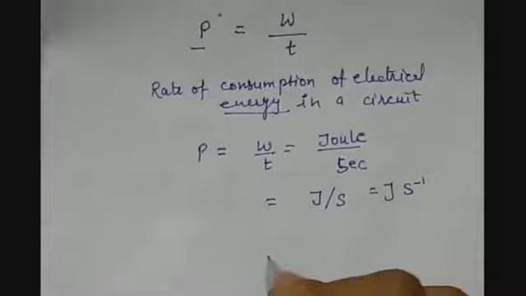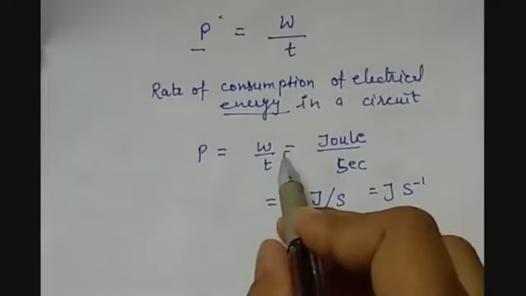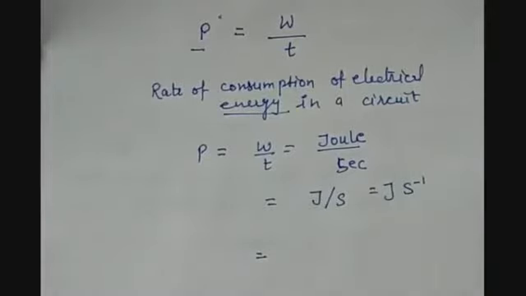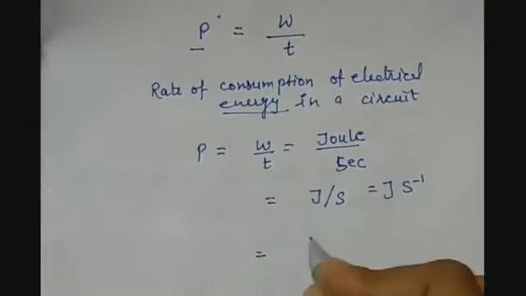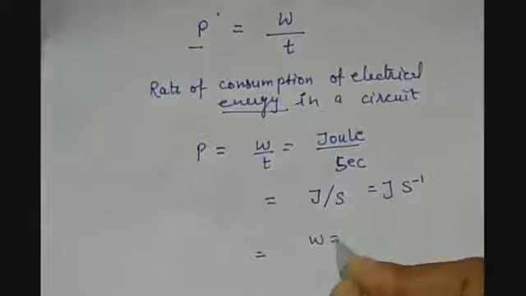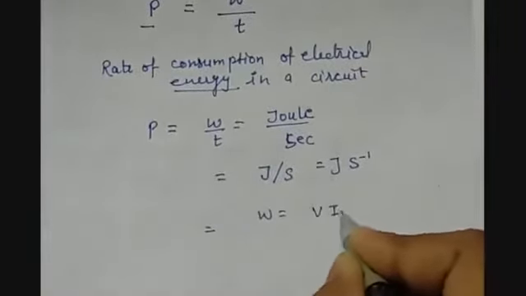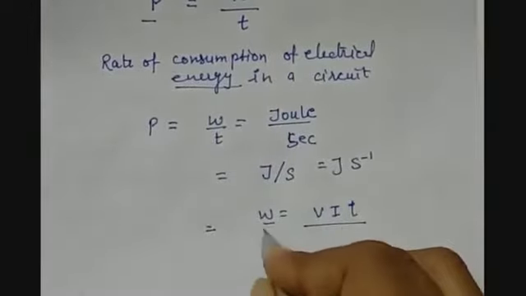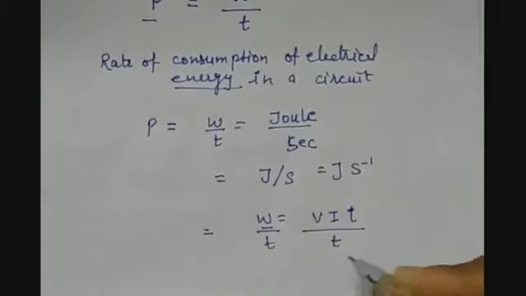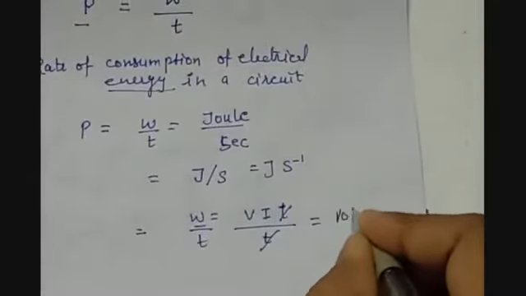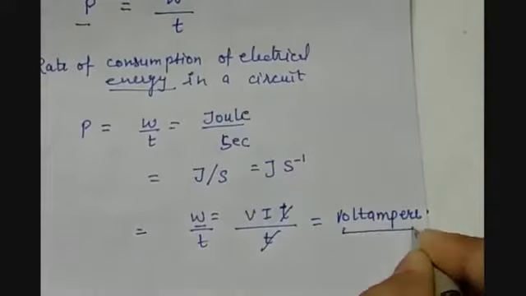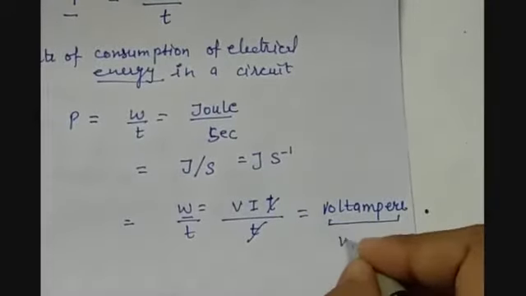Or, because work is equal to V into I into T, if we write work as this and divide by time T, we are left with volt ampere, and together volt ampere is called watt.